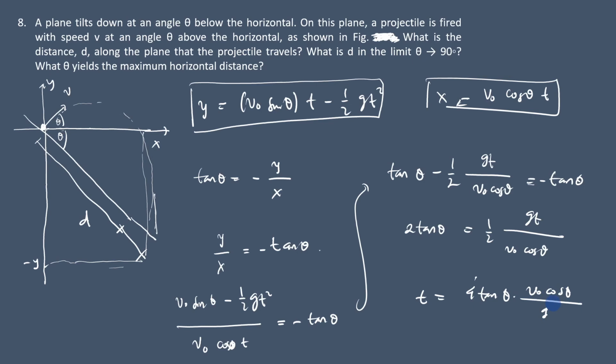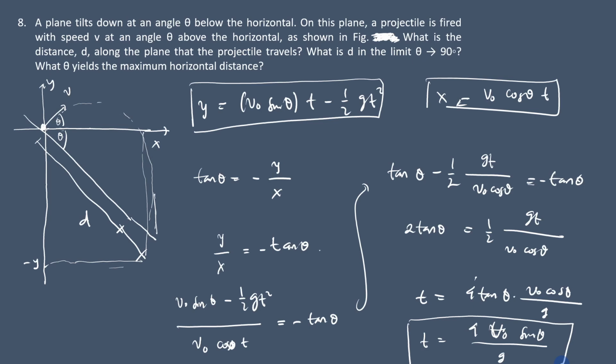We know by trigonometric identity that tan theta times cos theta is sin theta. So we can write t as 4 v0 sin theta divided by g. This is the time the projectile is in the air.